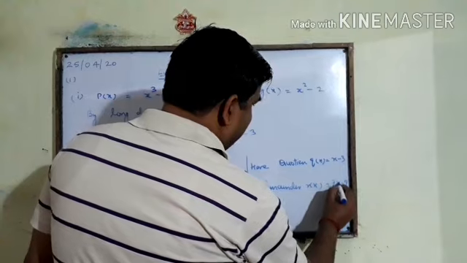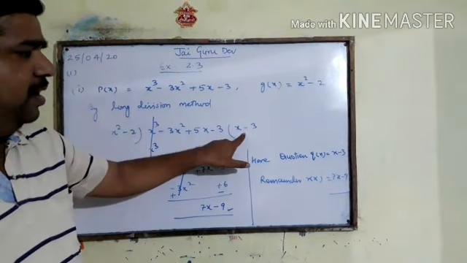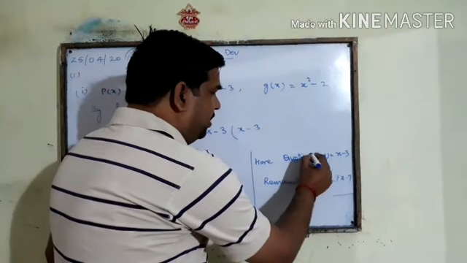This is the procedure by which we get the quotient polynomial and remainder polynomial.